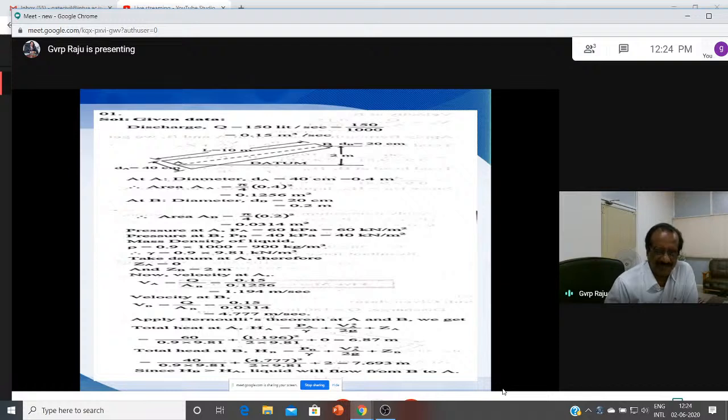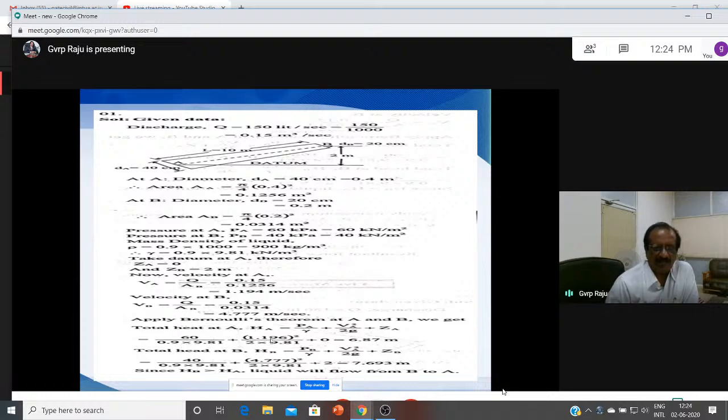So this is HA is equal to PA by gamma plus VA square by 2g plus ZA. PA, the pressure, is 60 kilonewton per meter square, kilopascals, by specific weight 9.81 kilonewton per meter cube, and V square by 2g.